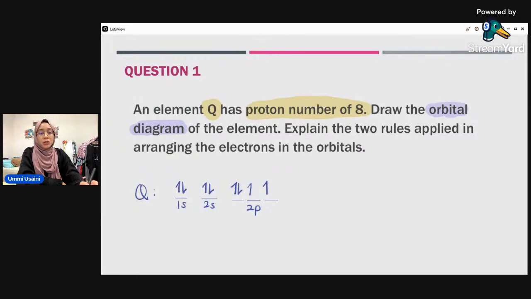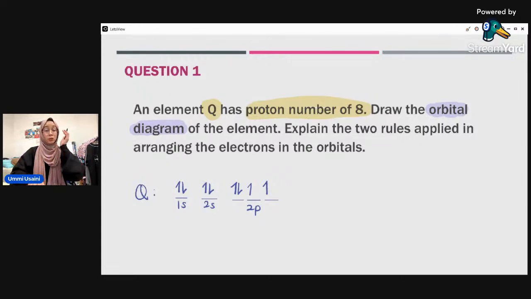You are asked to explain 2 rules applied in arranging the electrons in the orbitals. If possible, do not be too general. Because specifically you are asked to explain the rules that you use to draw the orbital diagram for Q, try to be specific, not too general about what you know of the 3 rules.